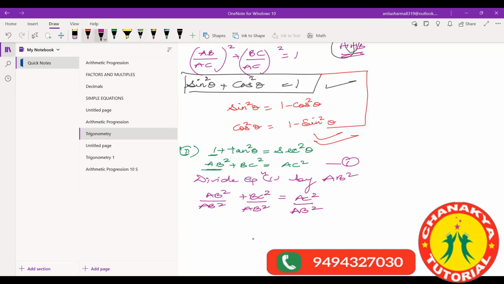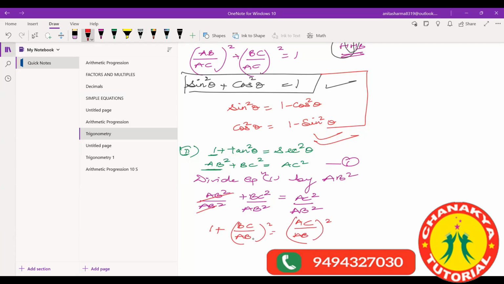So AB square cancels, 1 plus. Now BC square upon AB square, you can write as BC upon AB whole square. Right, children? Now this also is AC upon AB whole square.